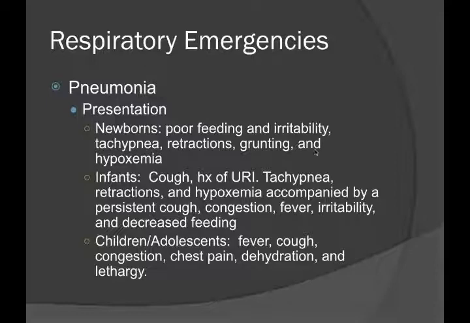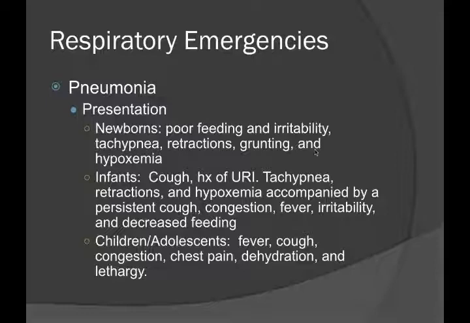In infants, it often presents similarly to a URI. The clue that you're dealing with pneumonia versus a typical URI is some degree of hypoxemia and especially persistent respiratory distress or tachypnea, even after you've done other treatments.